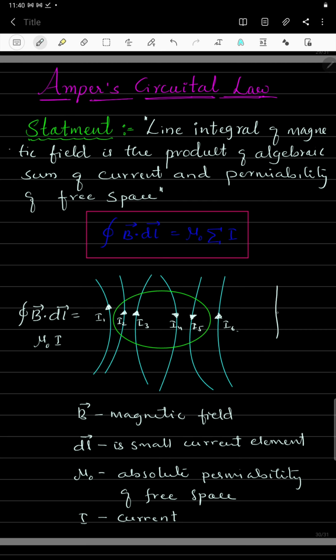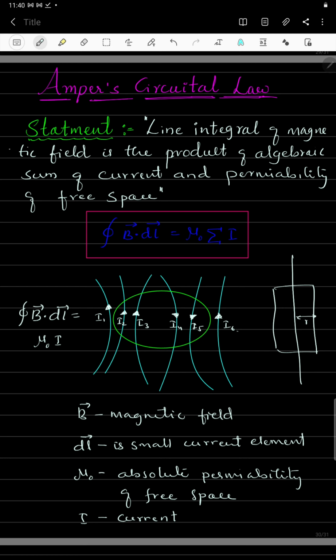Why? Because this is the conductor which has a radius r, and at every point of this r I will take a larger one of the conductor. This is the central axis of that conductor.